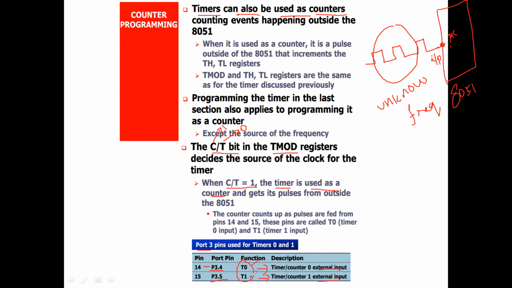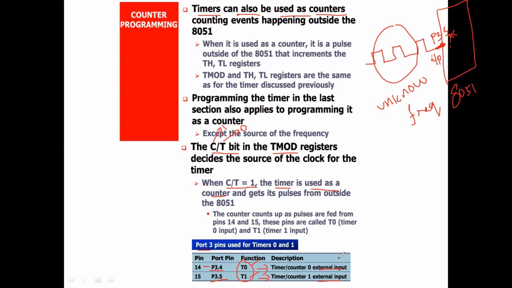The pin names are T0 and T1. Through these pins, you can provide as an input the unknown frequency which you want to count. So you give your input to the controller at this particular pin. The controller will automatically, based on the timer algorithm, find out the exact frequency which you provided as input to your 8051.